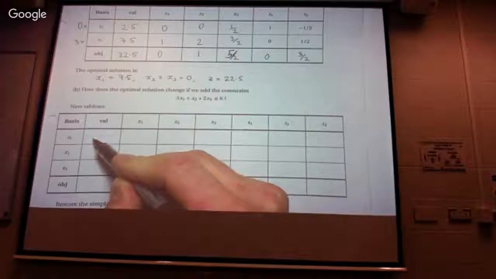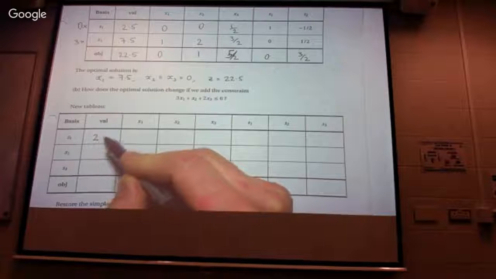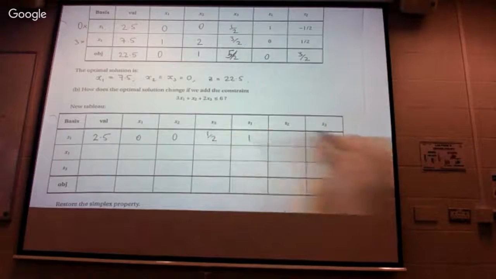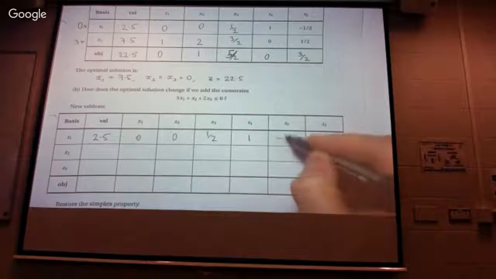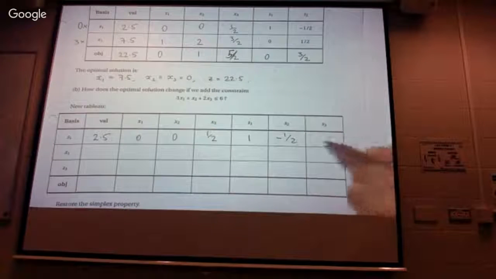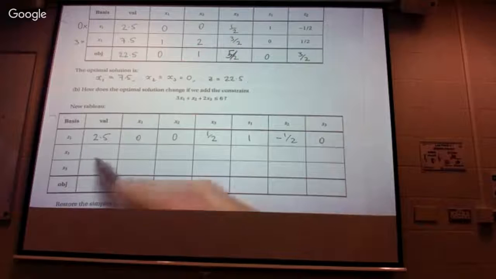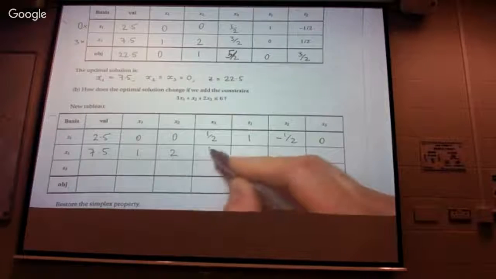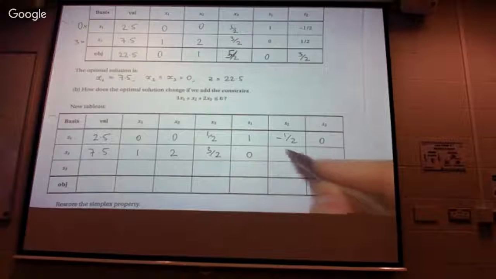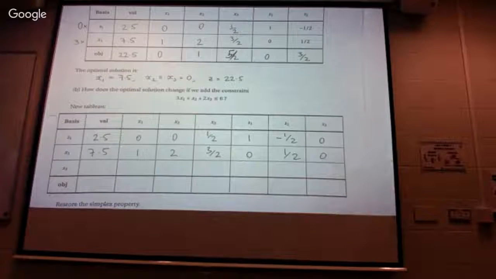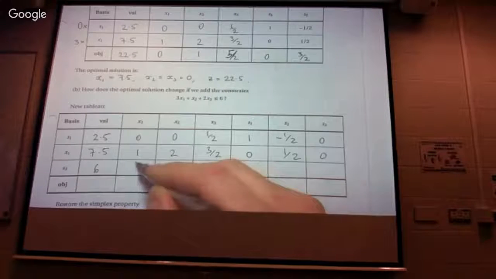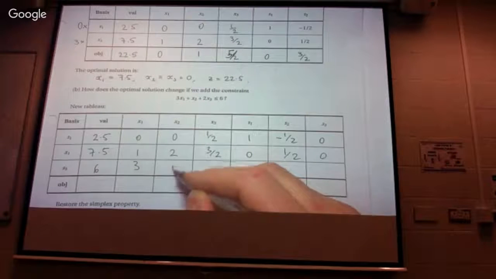Say the numbers. 2.5, 0, 0, okay. So this one is also a copy. 1, 2, 3 over 2, 0, 1.5. Okay, S3. 6, 3, 1, 2.